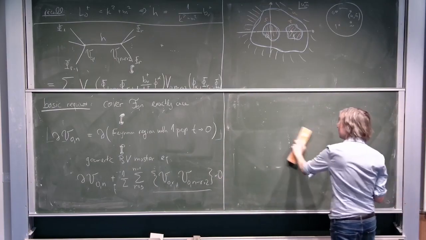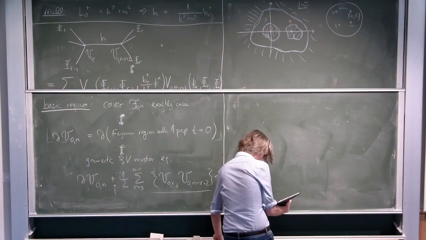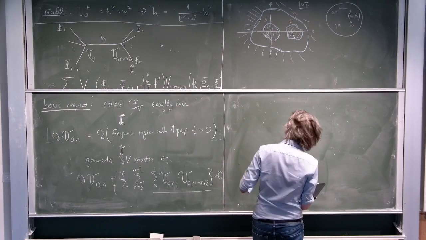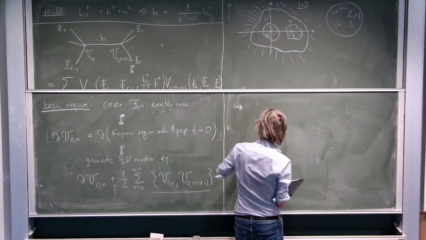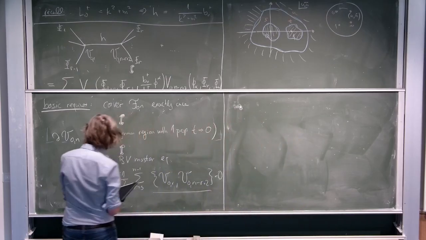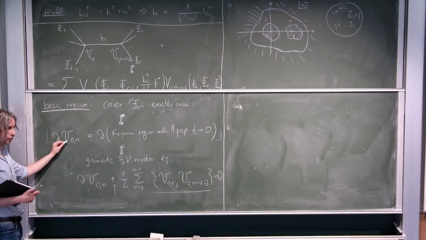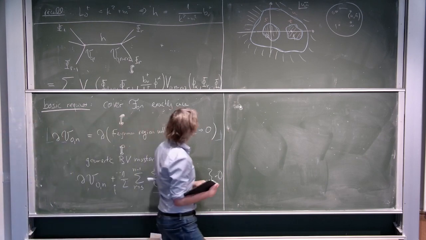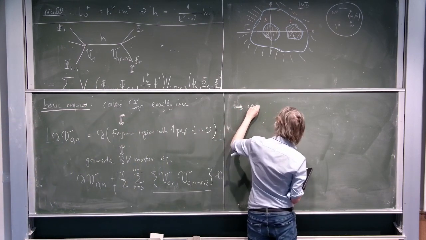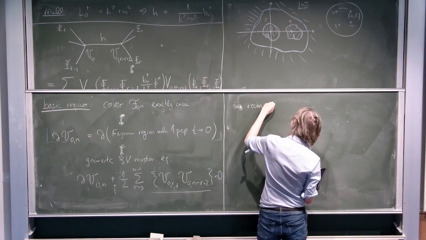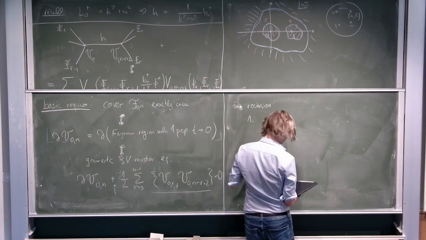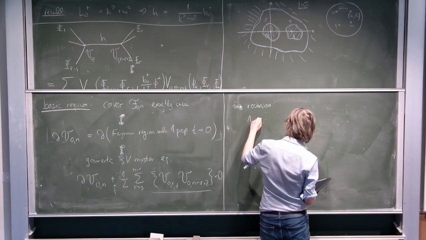So let me just make a few remarks. The main remark is that if you stare at this equation, this defines a recursive procedure for constructing these vertex regions, right? So the recursion at free level starts by making an arbitrary choice of V03.